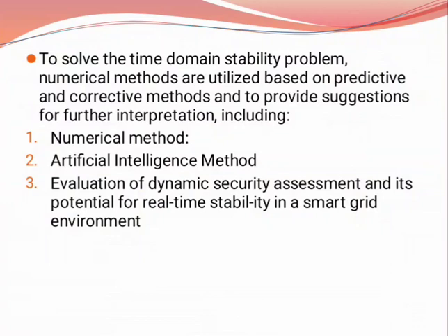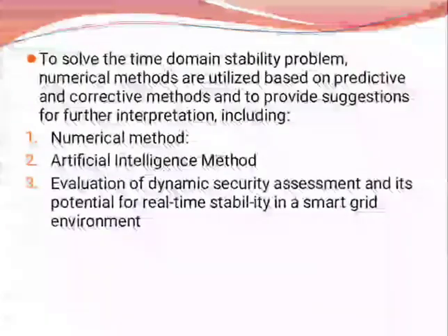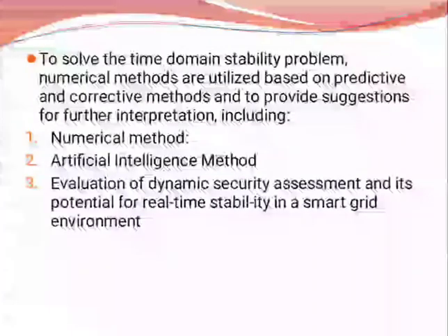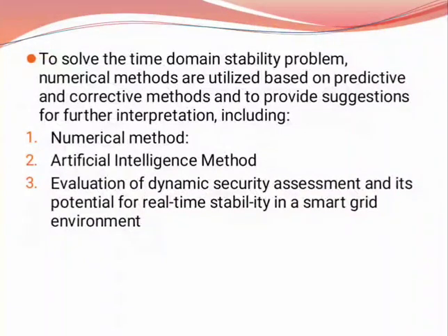The second method is the artificial intelligence method. This technique usually uses computational intelligence to estimate the stability margin and computational indices. This method includes expert systems for classifying contingencies and for identifying and estimating instability margins.